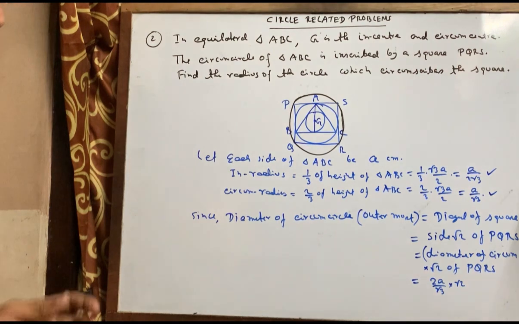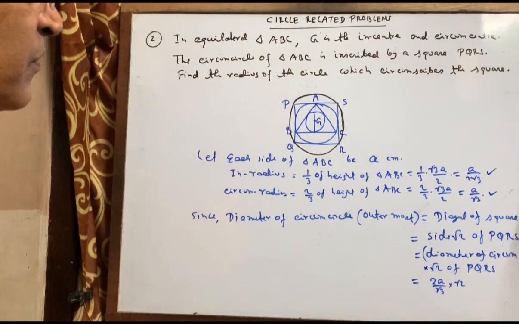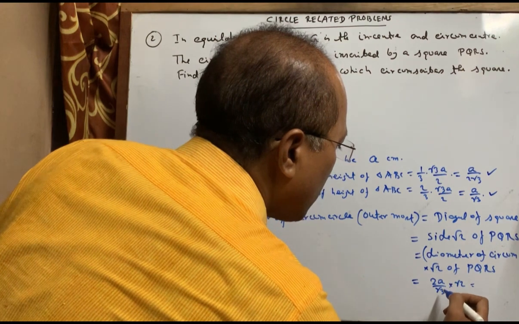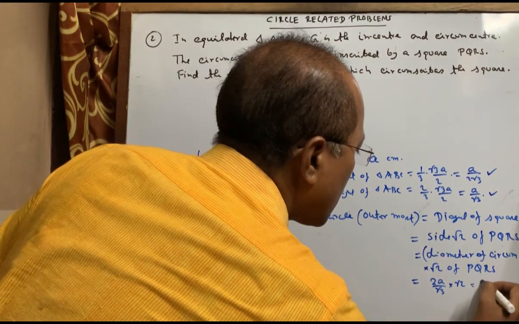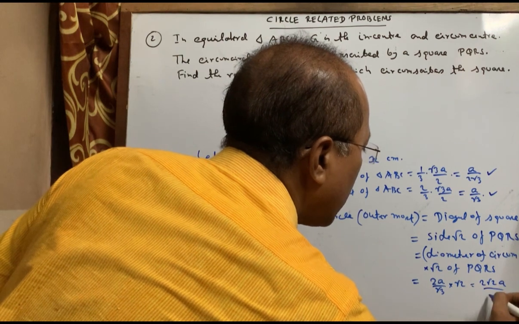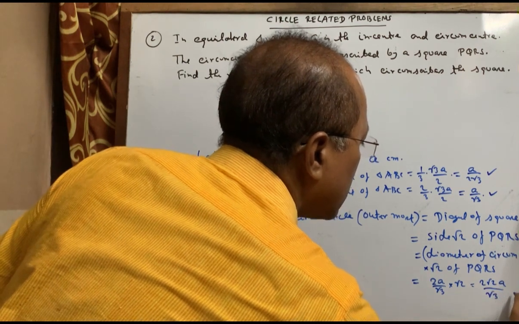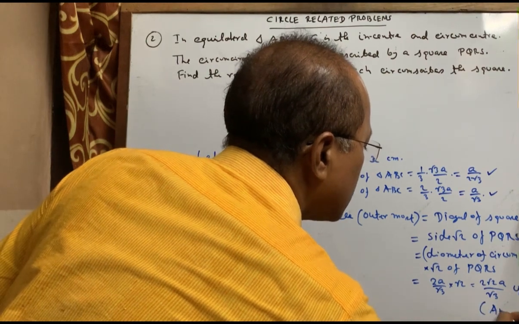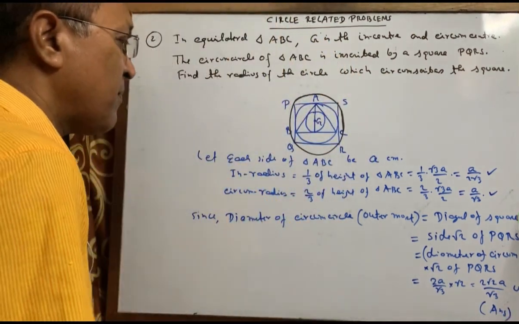Okay. It means how much is coming? 2 root 2 a by root 3 unit. Okay, and this will be the answer.